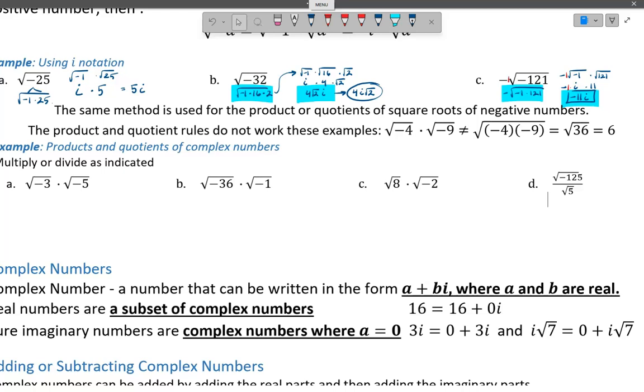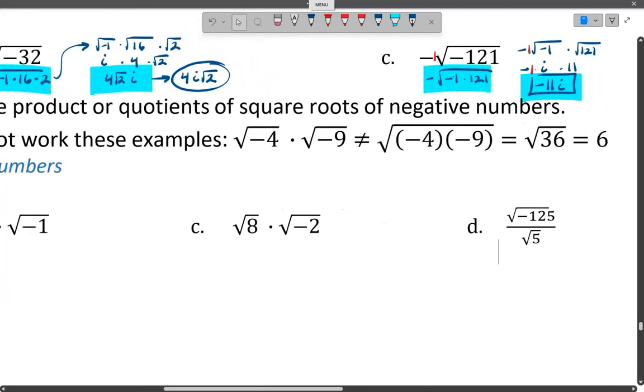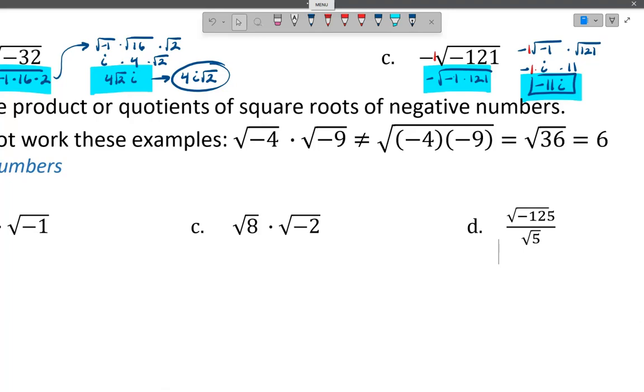So for example, if I had the square root of -4 times the square root of -9, I cannot apply the product rule and then multiply -4 and -9, because that gives me a positive 36. But when I multiply those two together, it's not actually a positive 6. So let's put both of these in I notation first.